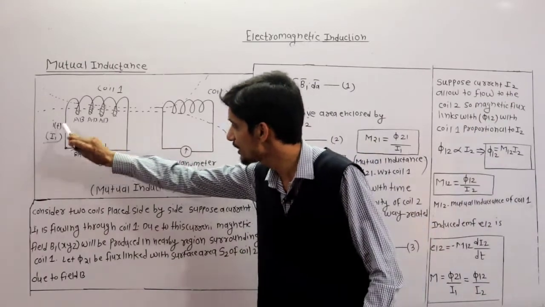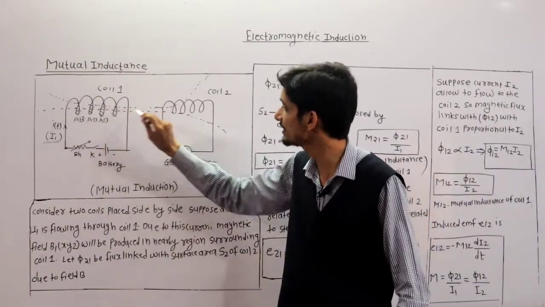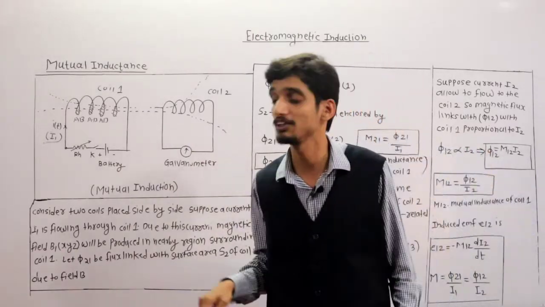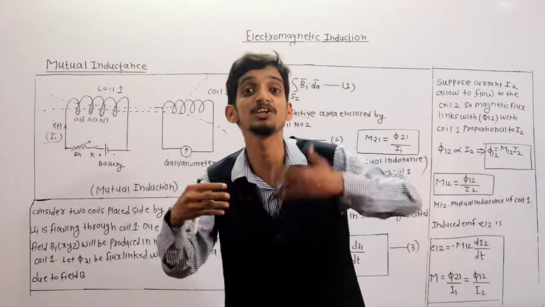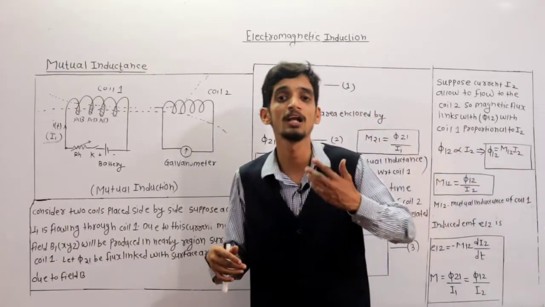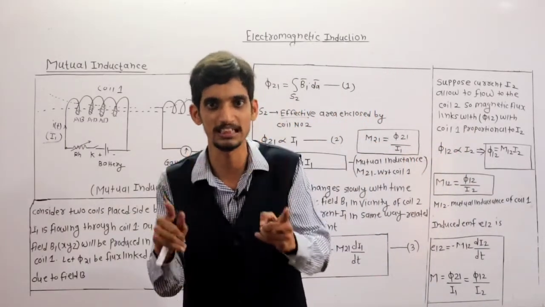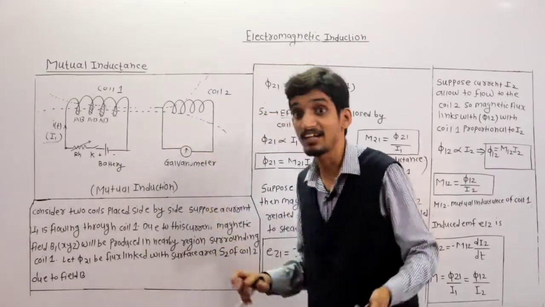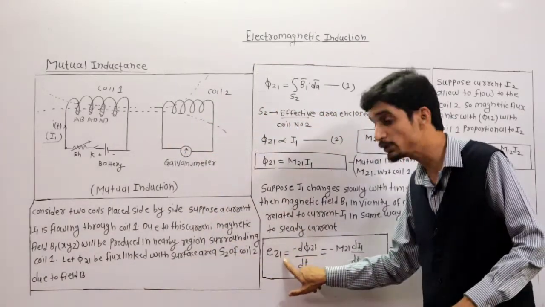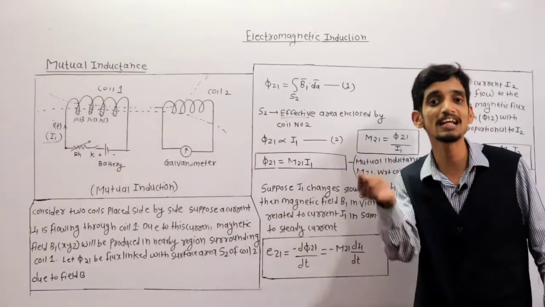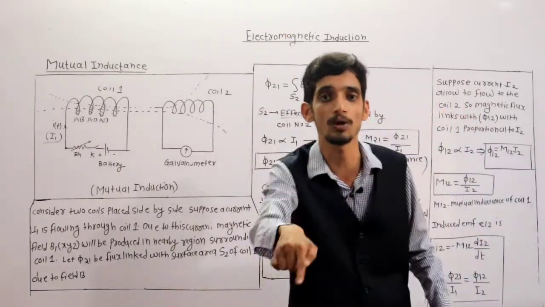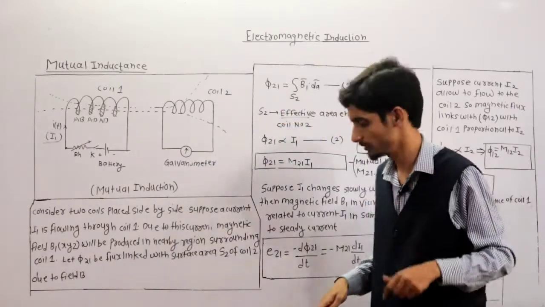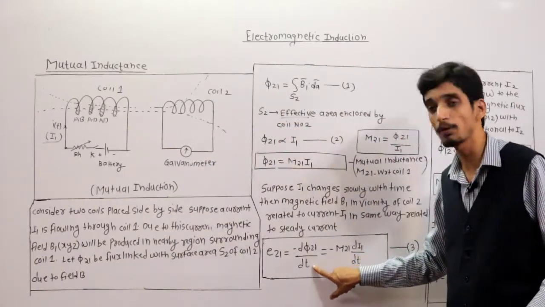Due to that change in magnetic field, the magnetic flux linked with the second coil changes, and as per Faraday's law, once again EMF is induced in the second coil. That EMF is given by E21. Why E21? Because it is the induced EMF in the second coil due to change in current in the first coil. E21 is equal to minus d phi by dt.